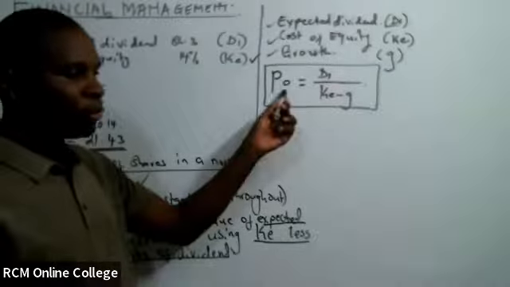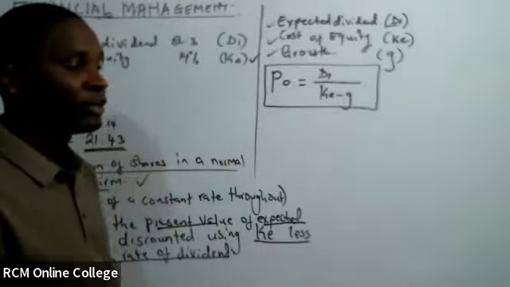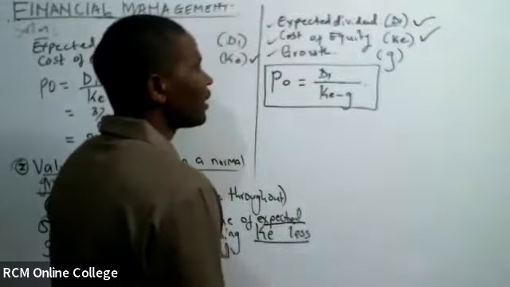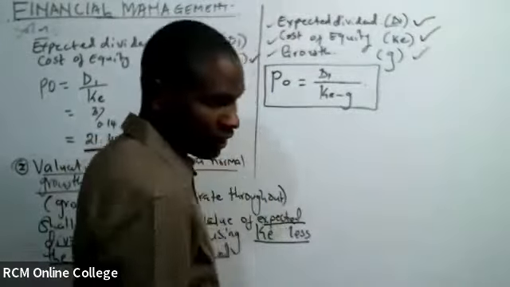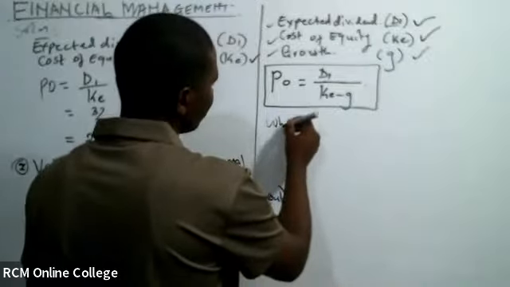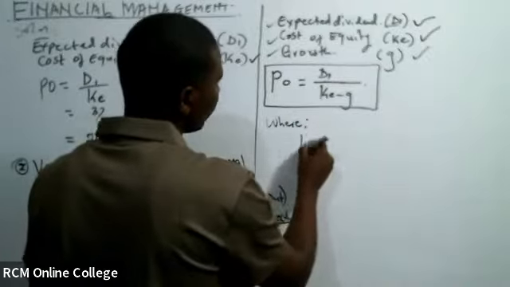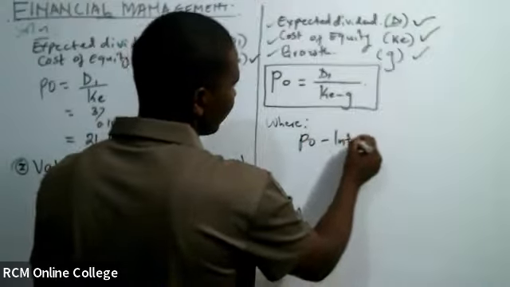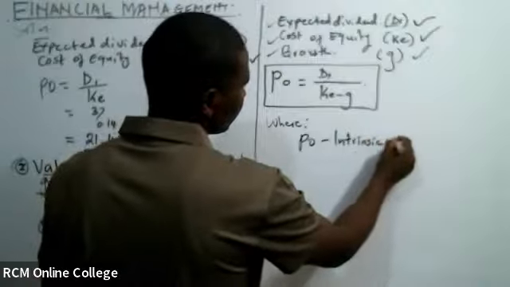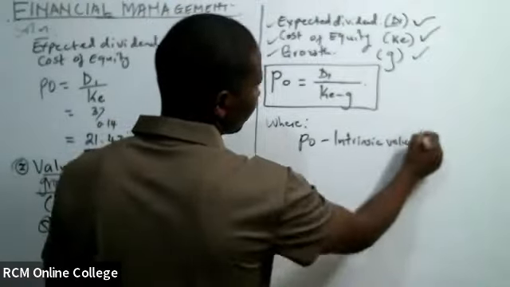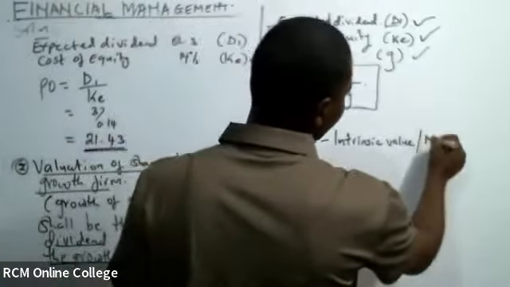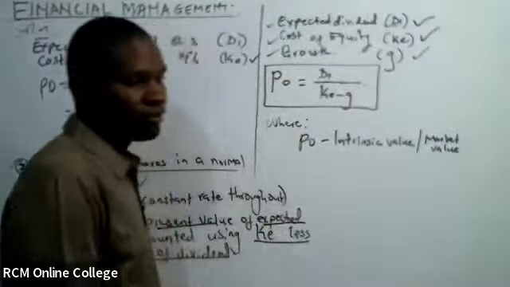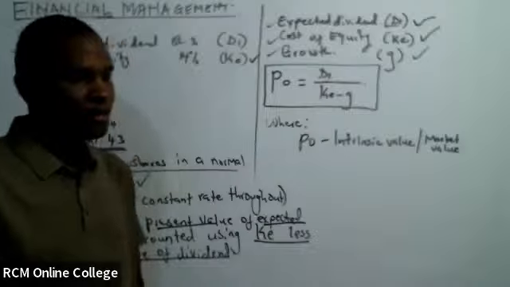P0 is the market value or intrinsic value, D1 is the expected dividend, cost of equity is KE, and G is the growth rate. Sometimes P0 is the intrinsic value, sometimes market value.